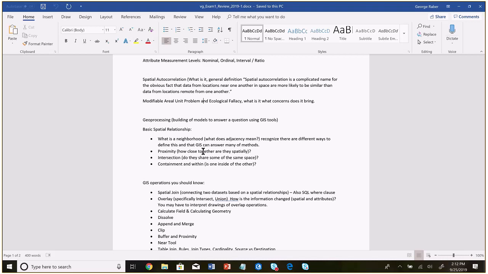Within means to be totally inside of a feature. Does feature A contain feature B? That means that feature A needs to be totally around feature B. Is feature A within feature B? That means that feature A needs to be totally inside of feature B.